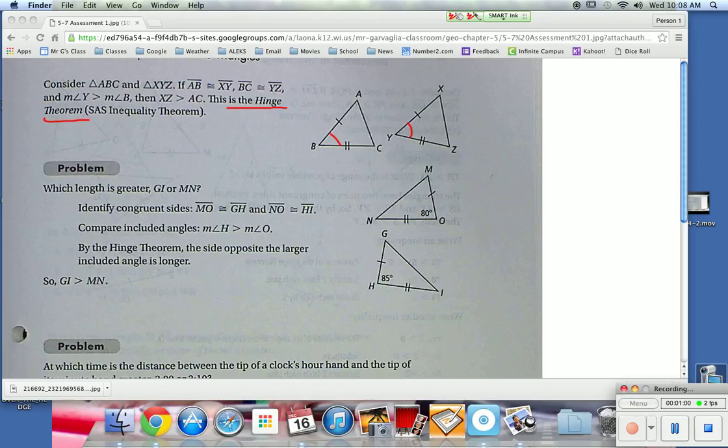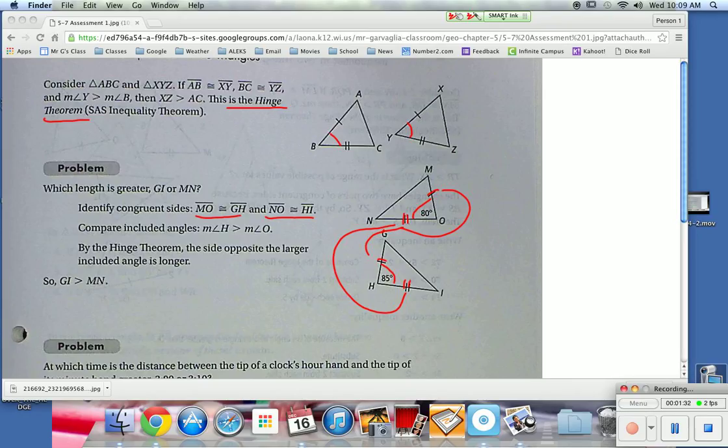So if we take a look at this example here, we have these two legs that are the same. This one's equal to that one. This one's equal to that one. But our degrees here are different. To identify this, they say MO is congruent with GH, and NO is congruent with HI.